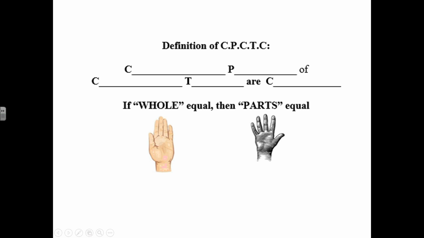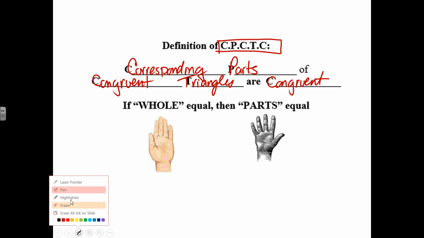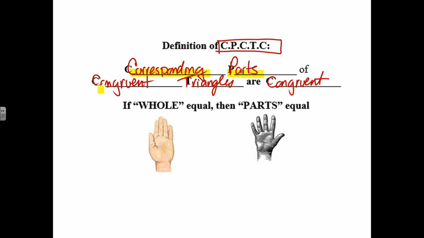Let's recap this from last class. This is a very important abbreviation, CPCTC. It stands for corresponding parts of congruent triangles are congruent.